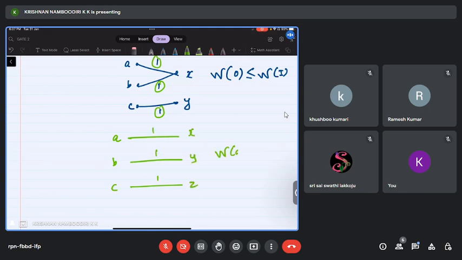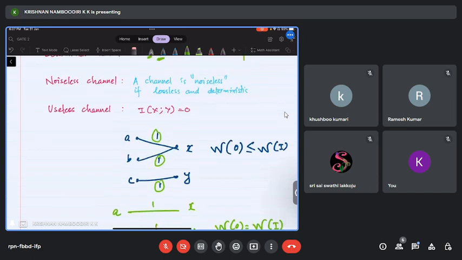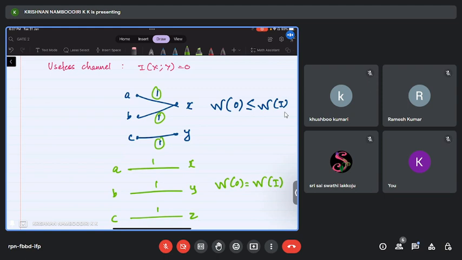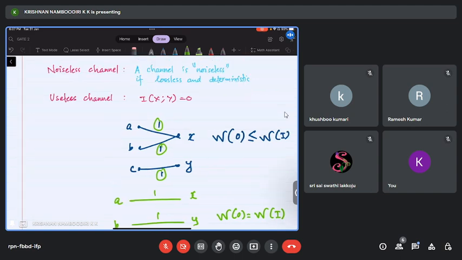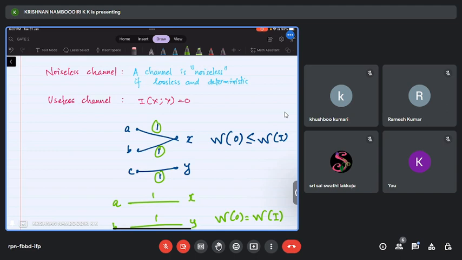Number of outputs equals number of input symbols. So now this is noiseless. Correct? So if I know the input, the output is known. If I know the output, the input is known. So there is a one-to-one correspondence. That is what is meant by noiseless. I hope it is clear.